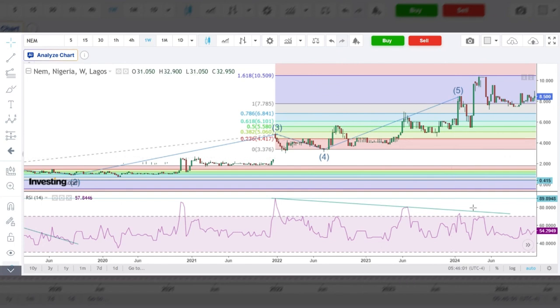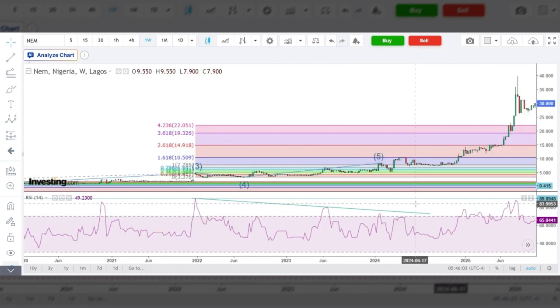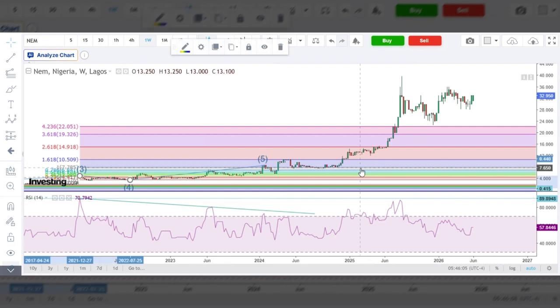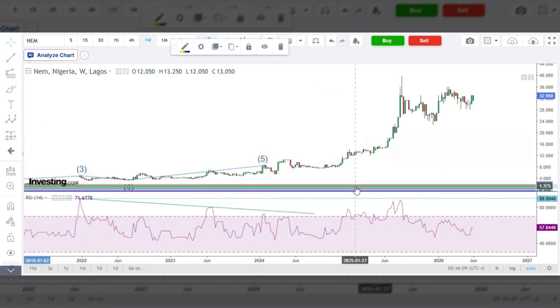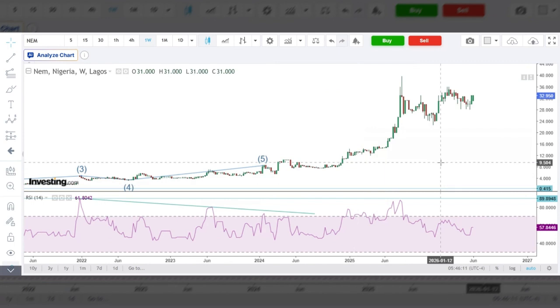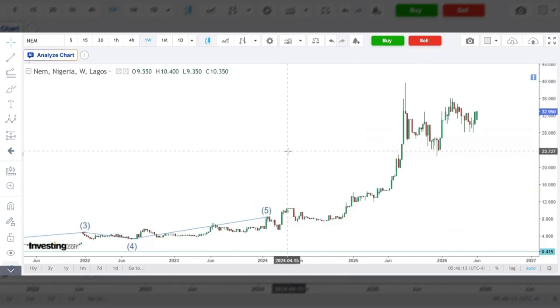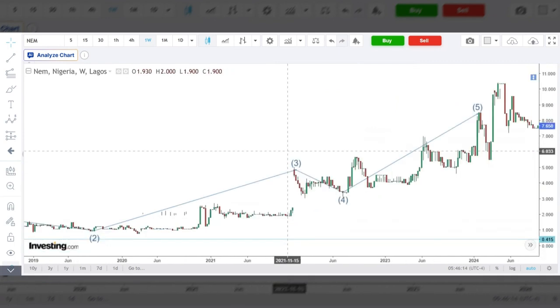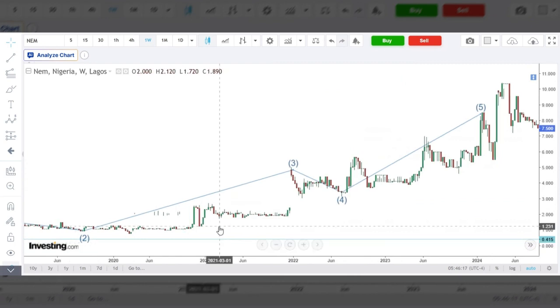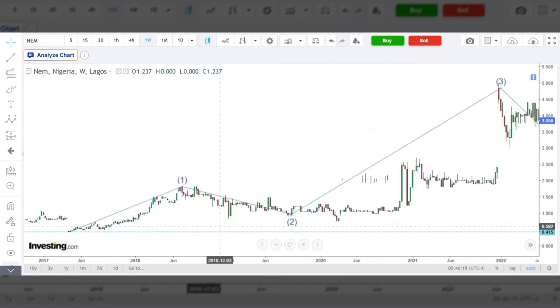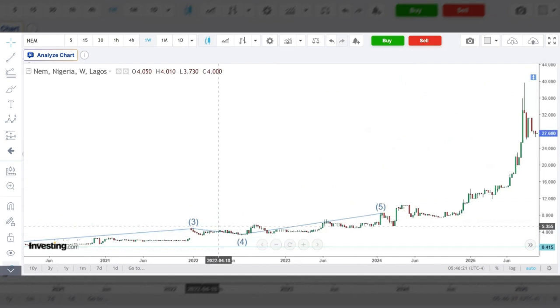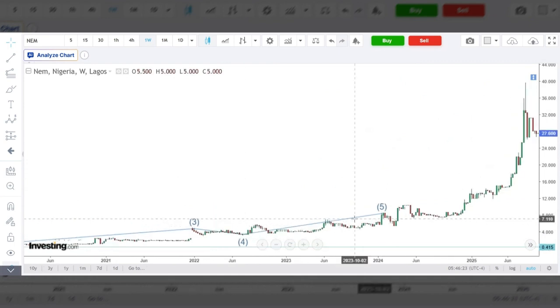This is divergence here. Now let's finish counting the waves. Let me remove this. Okay, so we have our first one, two, three, four, five. Now let's count another wave. Okay, corrective wave now.